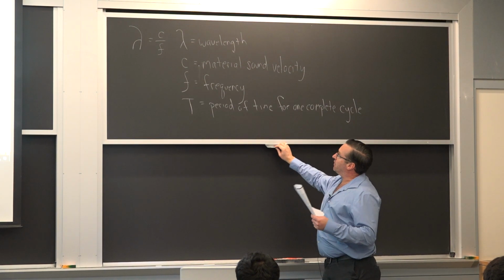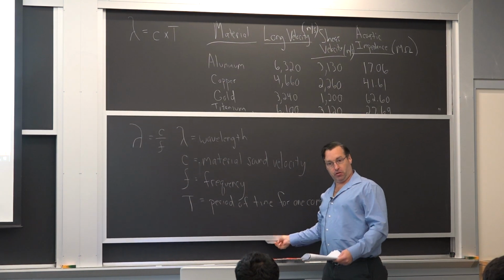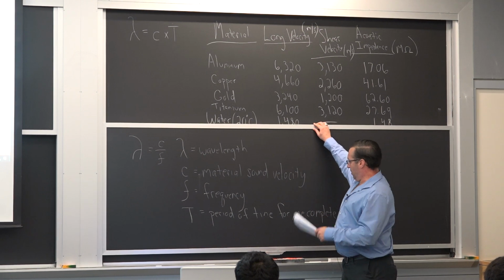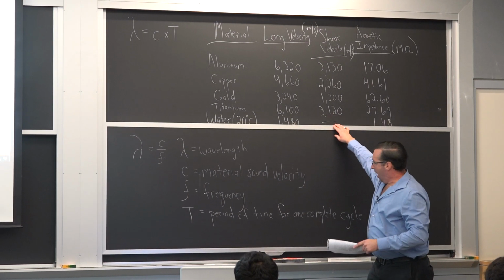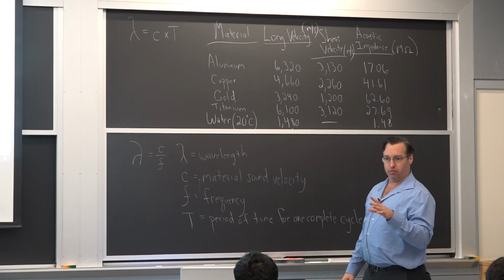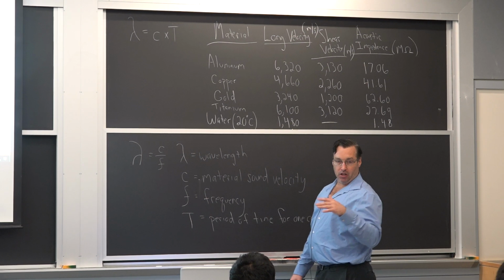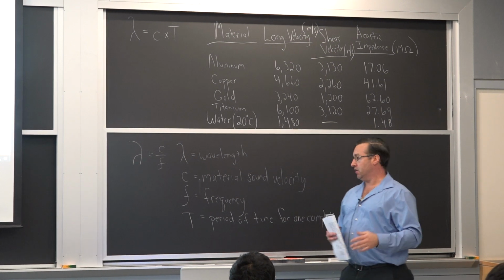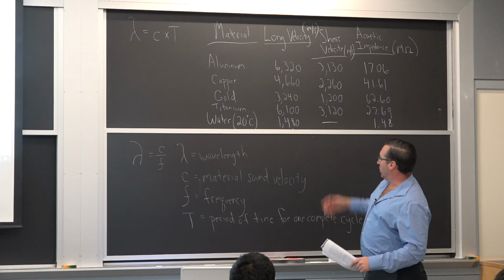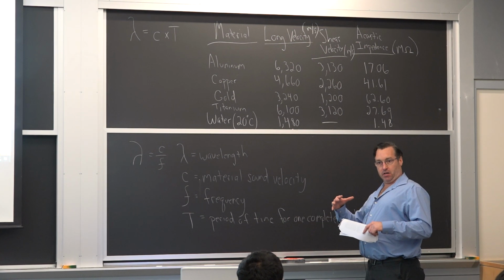But then when you start to think about additional considerations from a materials science perspective, that comes into the time required to do a complete cycle, so now we're talking wave propagation, whether it's a longitudinal wave, a shear wave, something else. You also have the wavelength equal to the material sound velocity times the time to complete one cycle.